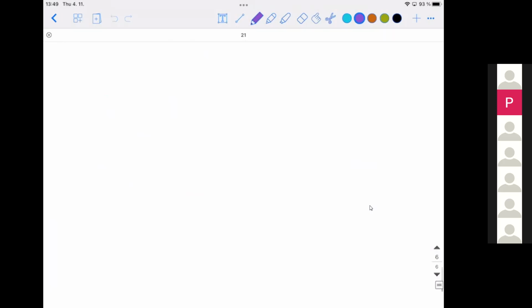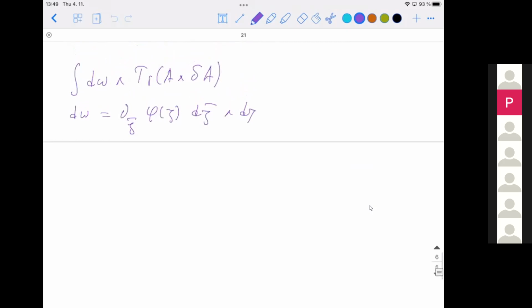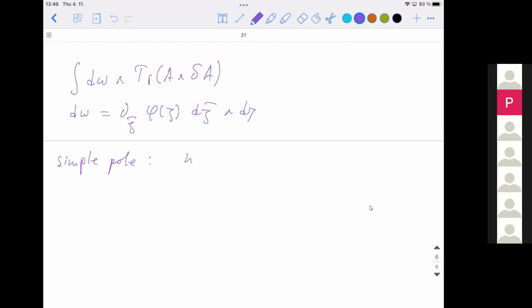Okay, so if you have just simple poles, then we can write this omega just like this. dz, and then this distribution will look like this.